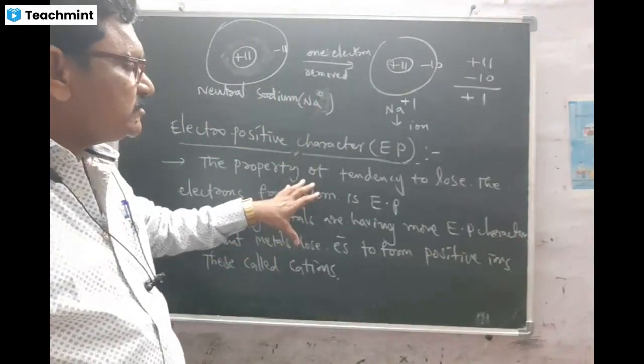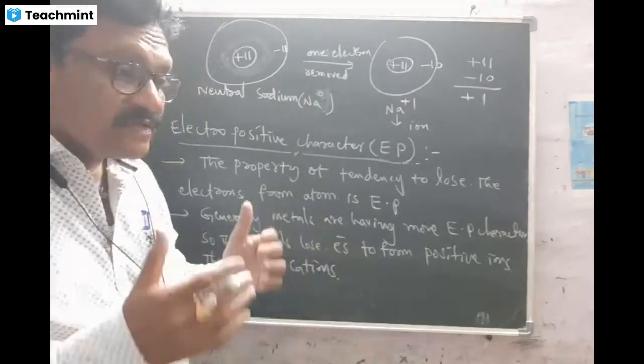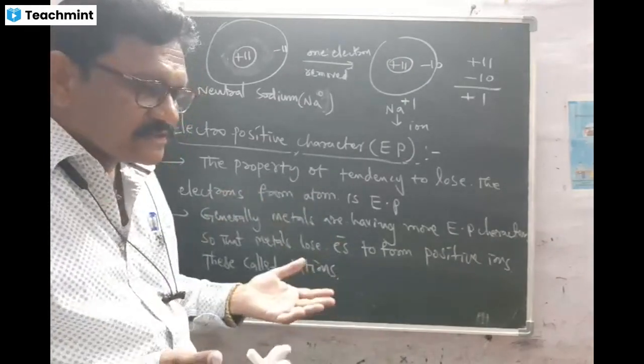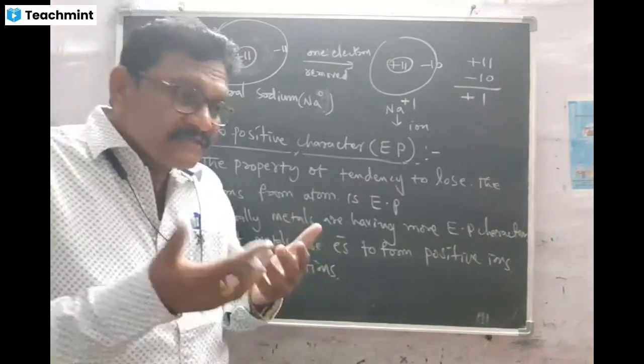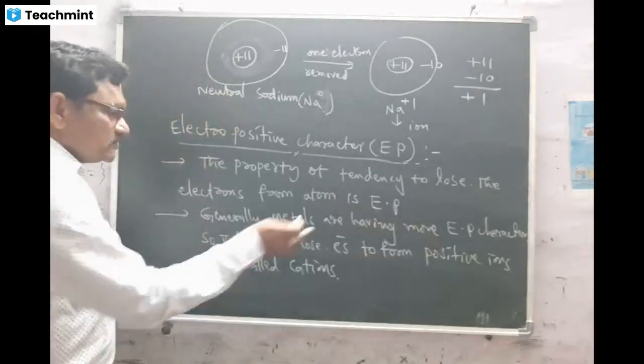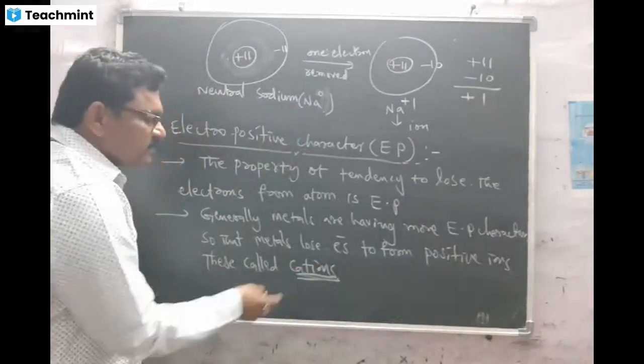What do you mean by electropositivity? Tendency to lose the electrons. Which one has more electropositivity? Generally, metals have more electropositivity. That's why metals tend to lose the electrons and become positive ions. Those positive ions we call cations. This is to remember, Lucky.